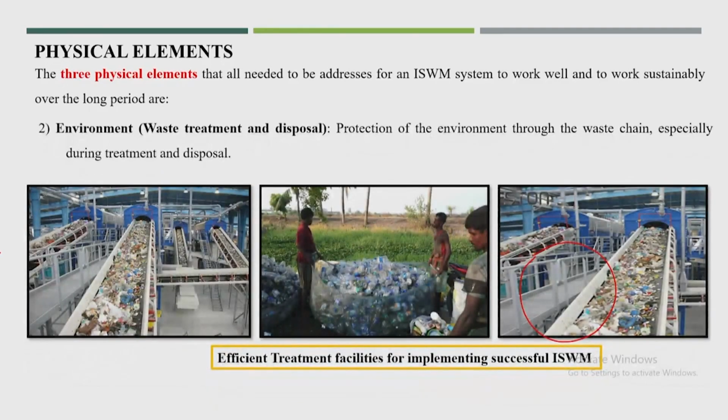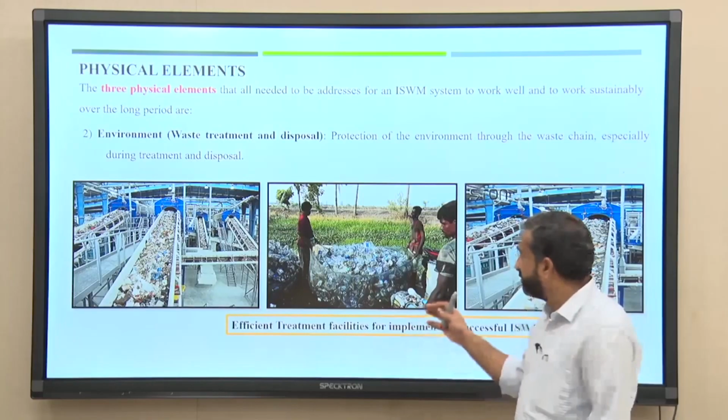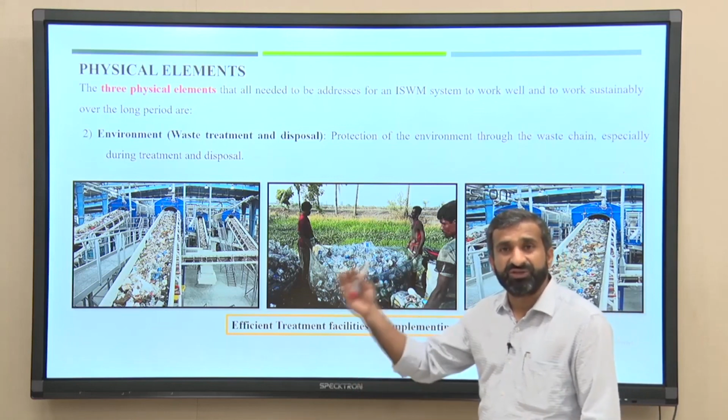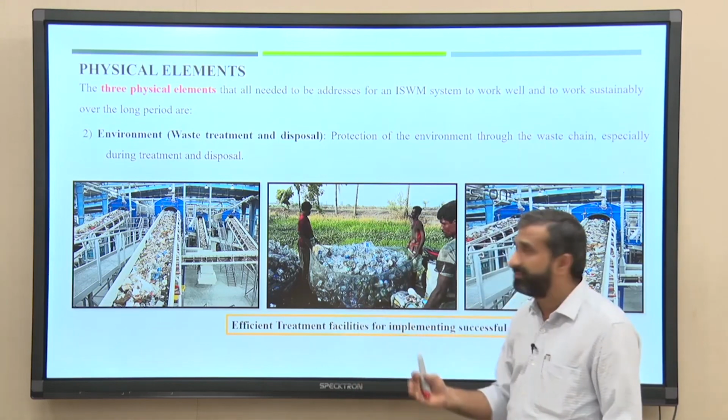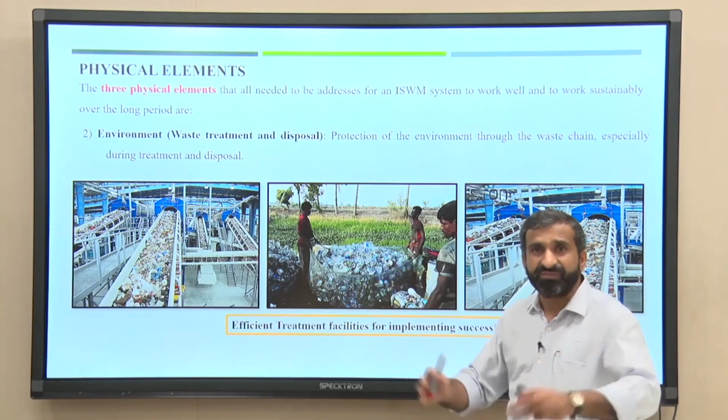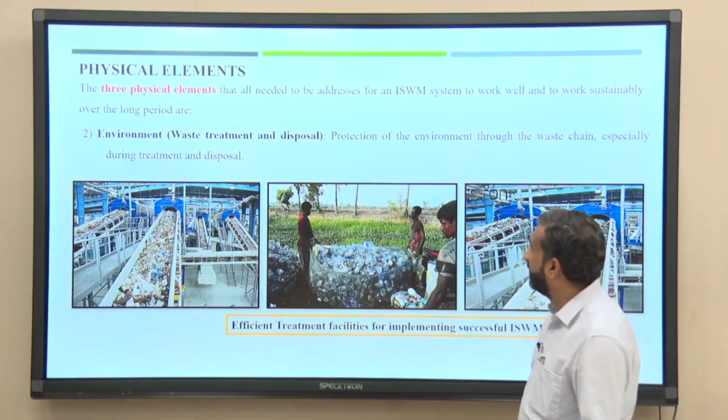Next is the environment. So, how best can we maintain the environment? This environmental condition will be maintained especially by waste management, waste treatment and disposal. If you are able to treat properly all kinds of collected waste and also dispose of the entire waste properly, then it is good for the environmental conditions in the local area.